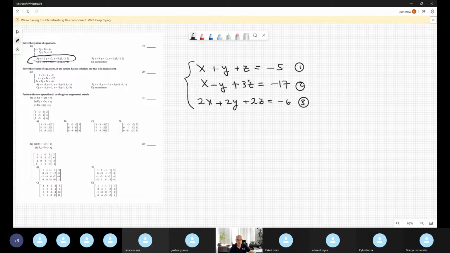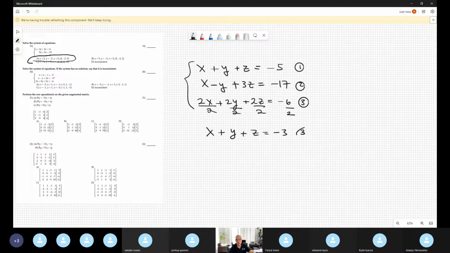You can do that using matrices or not, because in the third equation, you divide the whole thing by 2 and obtain a new equivalent equation: x plus y plus z equals negative 3.